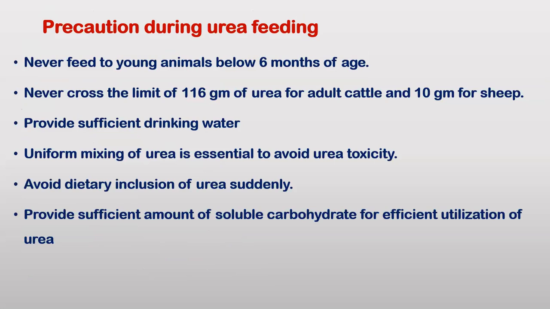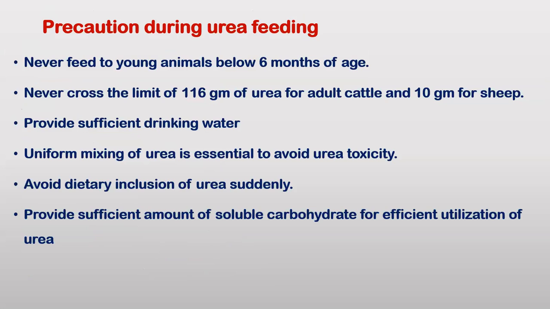So what precautions should be taken while feeding the urea treated straw? Just remember this point: below 6 months of age, we should not offer urea treated feed, because the rumen is not completely developed in young animals.